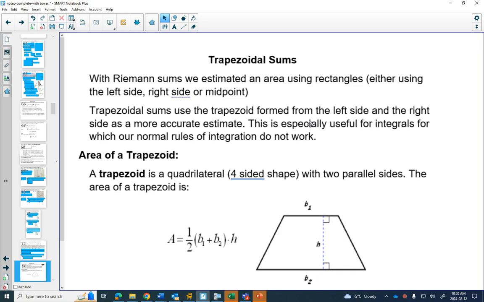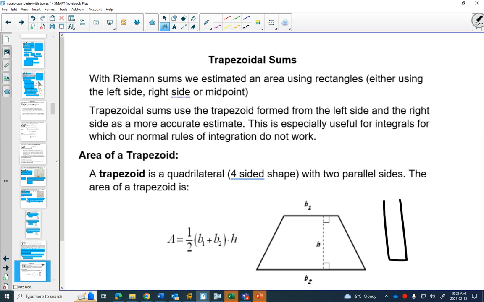First of all, what is a trapezoid? A trapezoid has two parallel sides. We sometimes call one a base 1, one a base 2. And it doesn't matter that the other sides are angled. Our rectangles used to be like this, with lower sums, upper sums, left Riemann sums, right Riemann sums, midpoint Riemann sums.